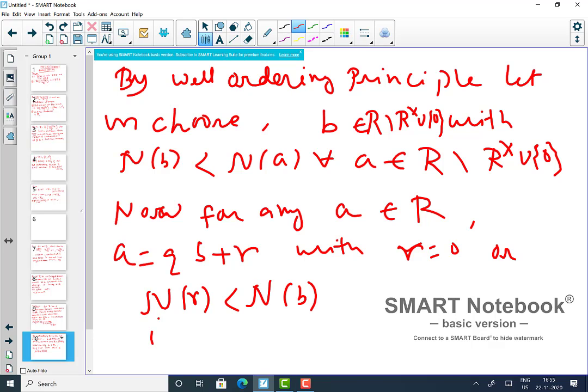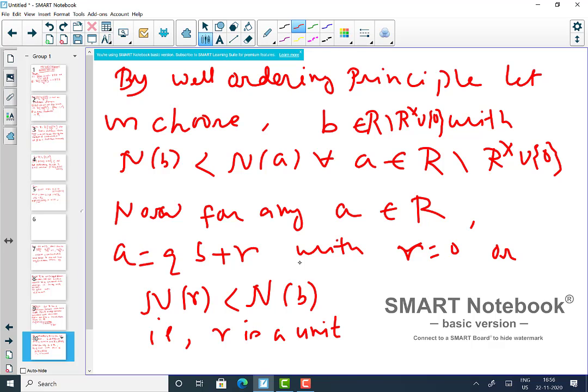That is, r is a unit, right? Because if it is a non-unit, non-zero element, then the norm cannot be less than norm of b, because b has the least norm among the non-unit elements. So this is a proof. You can always do this in a Euclidean domain.